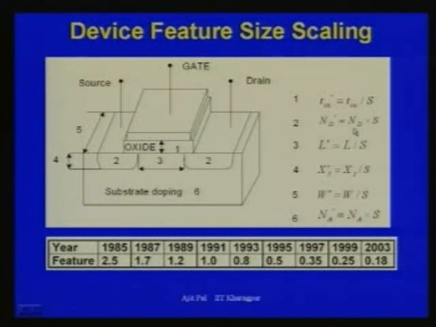You reduce the channel length by a factor S. You reduce the penetration of the diffusion regions, both at the source and drain, by a factor S. You reduce the width of the transistor by a factor S, and also the substrate doping you increase by a factor S. So, this is known as device feature size scaling.